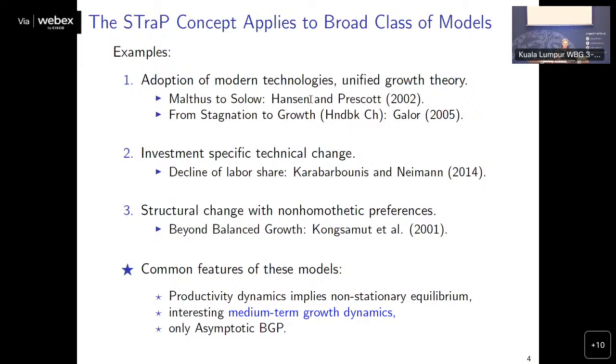They have this feature. And so you can apply the STRAP to these models, and we actually do in an appendix. There is a lot of work done on investment-specific technical change. And there's a very influential paper by Karabarbounis and Neiman that shows that there's been a long-run decline in labor share in the data in most countries. So this is another type of model that you could characterize using the STRAP concept.